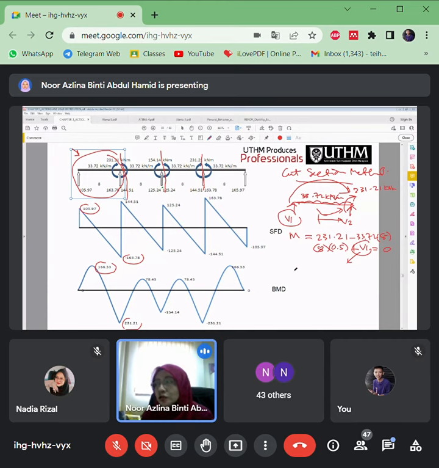Then make equilibrium of Fy: V1 plus V2 is equal to 33.72 multiplied with the span here. Replace the V1 value and you will get V2. These V1 and V2 values are what you will plot in the graph for the shear force diagram. And then for the moment also, what's the value for this?